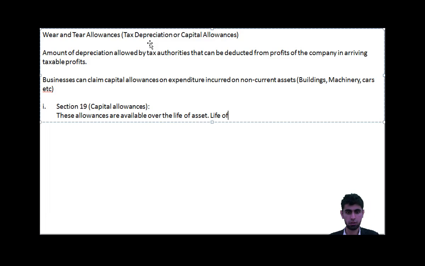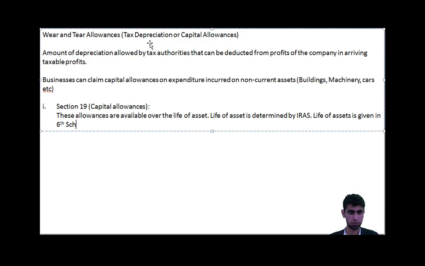The life of the asset is determined by IRAS, which is Singapore's tax authority, right? It is given in the 6th schedule, a document available on the IRAS website if you want to visit. The life of assets is fixed by tax authorities.